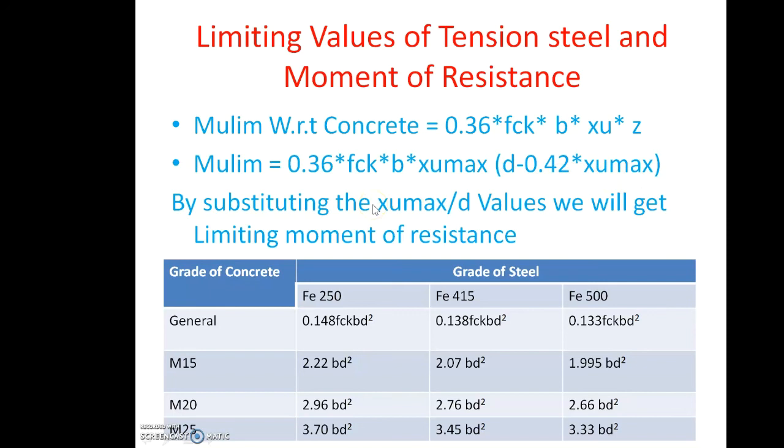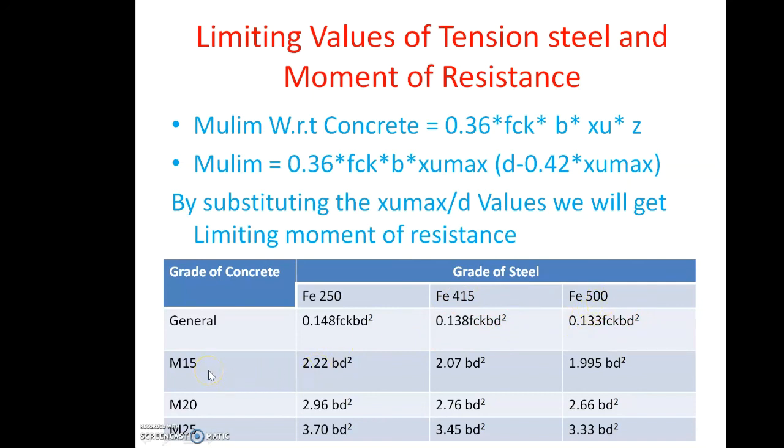As we already seen in the previous slide, the xu max by d values for different grades of steel. By substituting the xu max by d value in this particular equation, we will get the generalized equations of 0.148 fck b d square for Fe 250, 0.138 fck b d square for Fe 415, and 0.133 fck b d square for Fe 500.